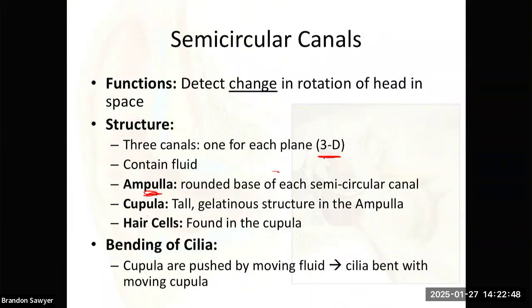And then the cupula is this jelly-like structure that sticks up inside of that ampulla, and the hair cells are found within that. The bending of the cilia is produced when fluid goes around the circular part, and it makes the cupula bend over, and the hair cells bend with that.